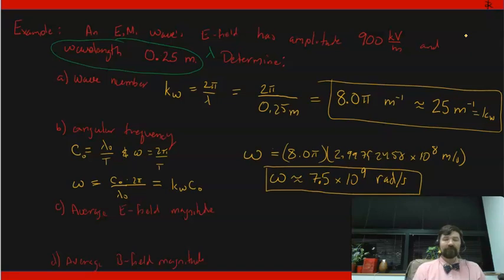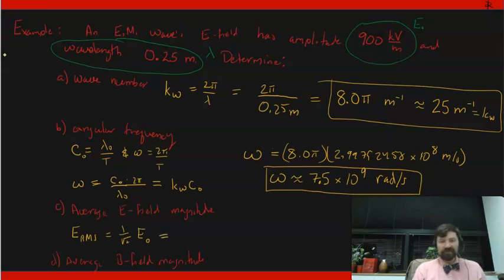So there's omega, and these are both the wave number. To get the average electric field magnitude, we use that the RMS value is 1 over square root 2 times the maximum value, where the maximum value is this number right here. So this is E naught.